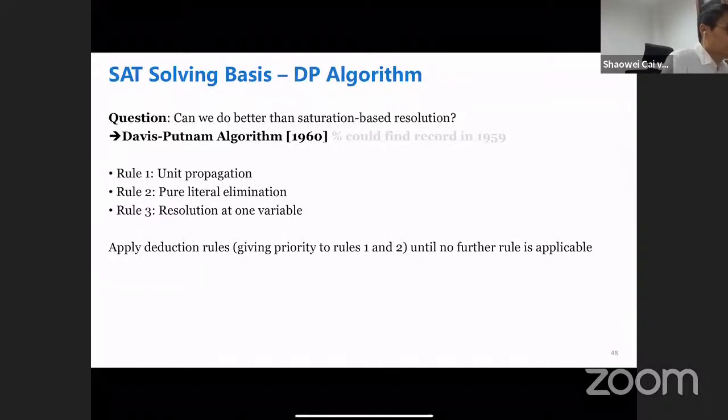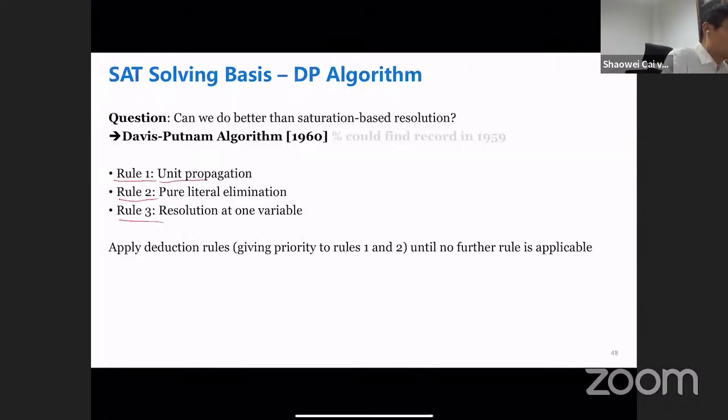In 1960, Davis and Putnam considered the question: can we do better than resolution? They proposed an algorithm called the DP algorithm. Actually, the DP algorithm could be seen as a variant of the very old saturation algorithm, but they added three rules.